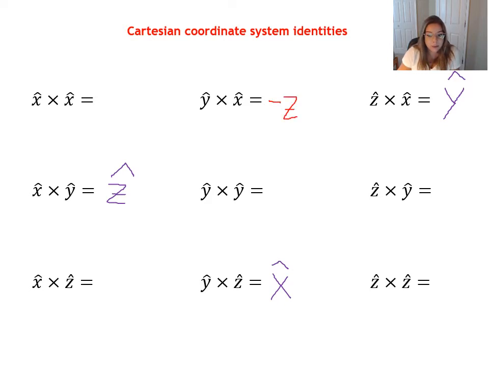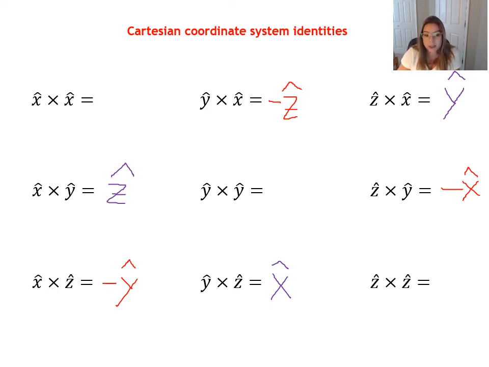So I was able to come up with this one on my own using the property of anti-commutativity. Let's see, we know that y crossed with z is x. That means that z crossed with y is negative x. And then I know z crossed x is y. That means that x crossed z is negative y. So I got those 3 just based on anti-commutativity.